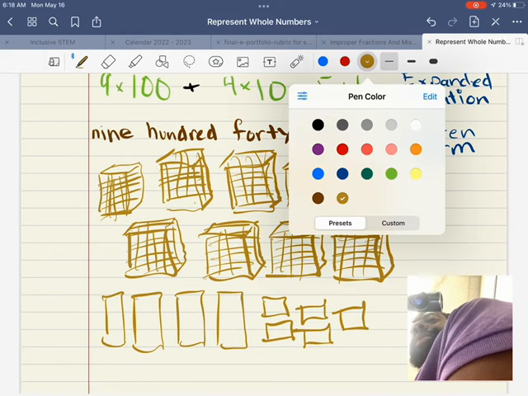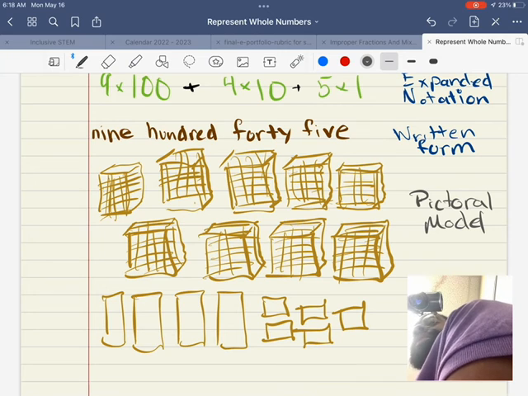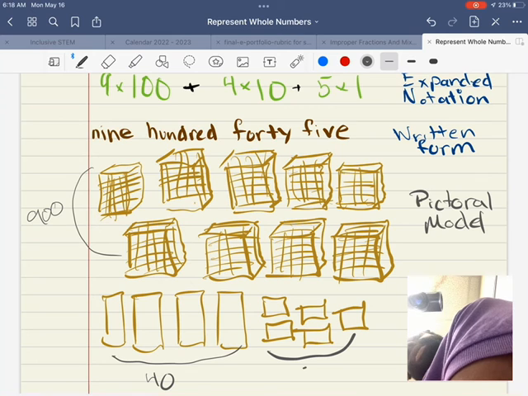So that'll be a pictorial model that you can use, or that you need to also understand. But I did mess that up. I believe those cubes, when they're 3-dimensional, are 1,000. But for this video, I meant to draw a 100 cube, which is a 10 by 10 square with 100 pieces in it. But we got 40 and we got 5.